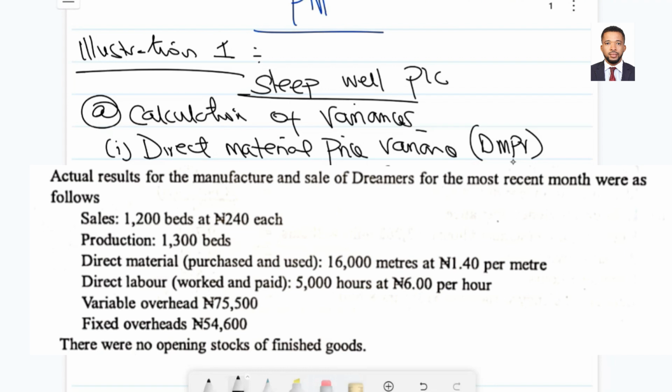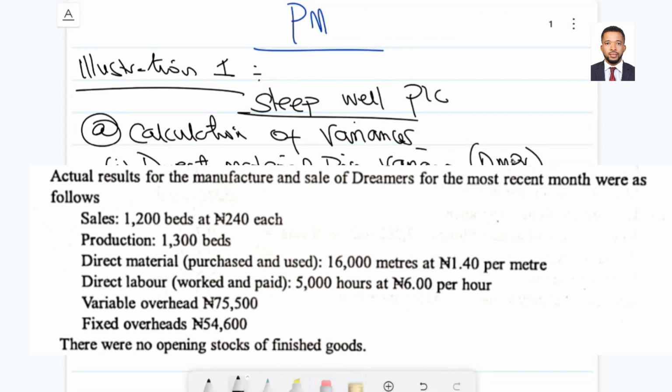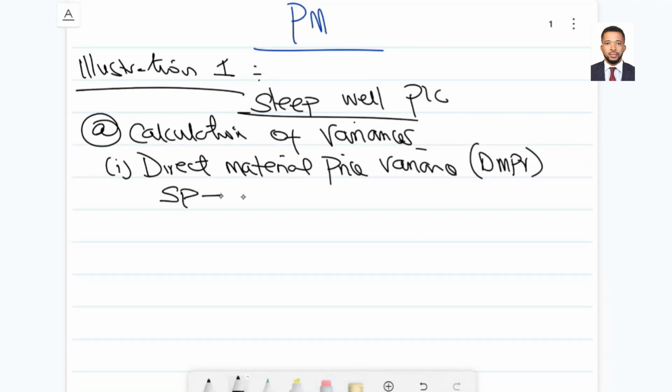Our direct material price variance is standard price minus actual price, multiplied by actual quantity purchased. Don't forget, I'm using purchase because my emphasis is to investigate the price I'm paying on the material. If I'm dealing with usage variance, it will be actual quantity used during that production.